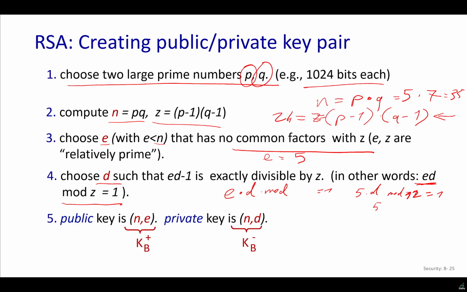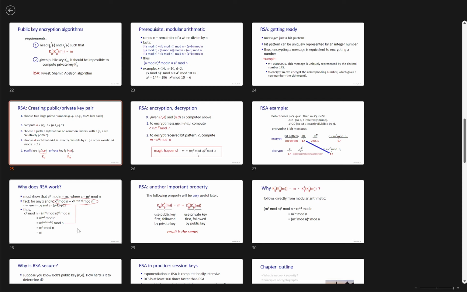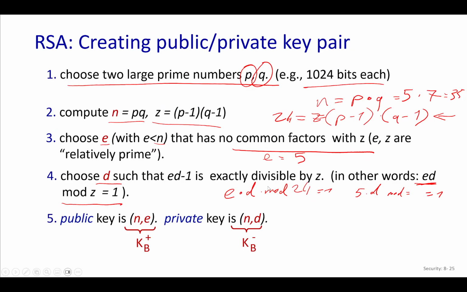And now we have to identify a value. So we have to find a d which, multiplied with 5 and mod 24, equals 1.